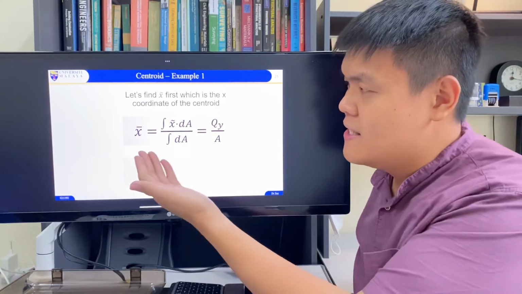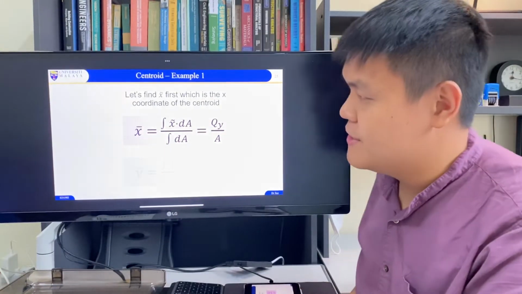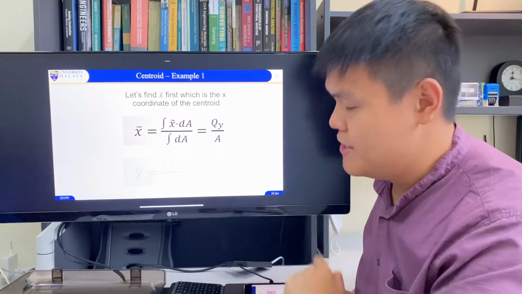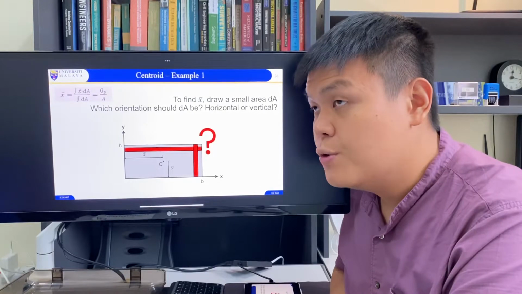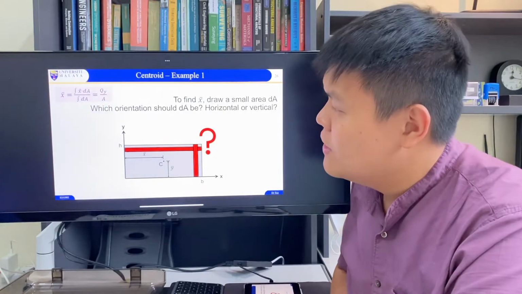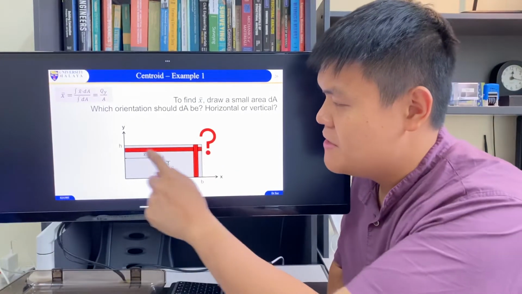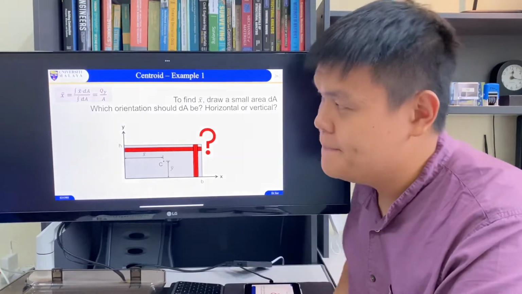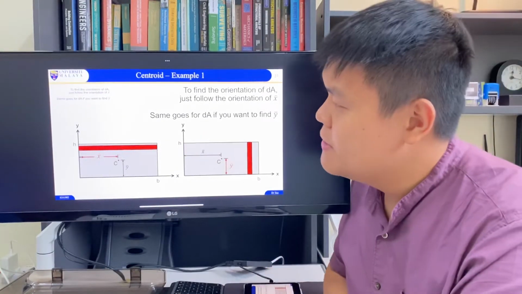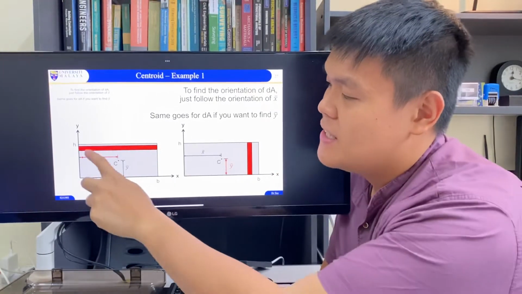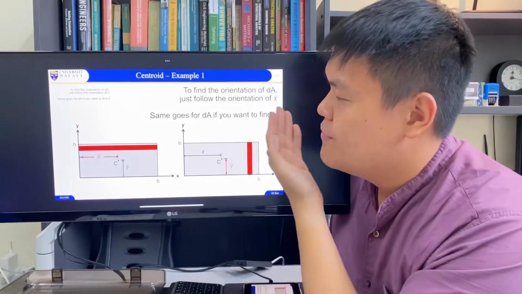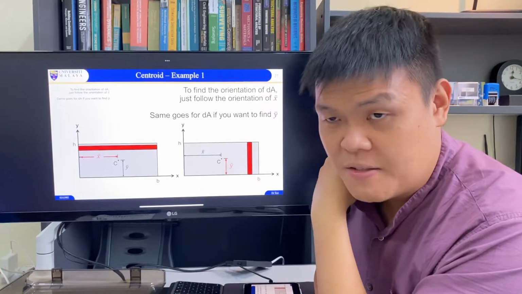So in this case, let's find x bar first, which is the x coordinate of the centroid. So to find x bar, do we draw a horizontal or a vertical small area dA? It's an easy question, because to find the orientation of this area here, just follow the orientation of x bar.